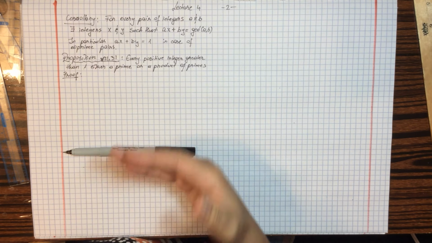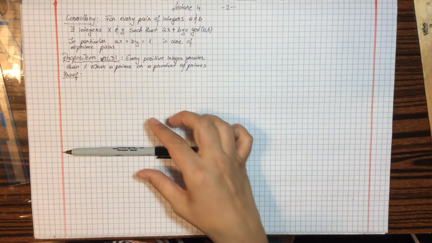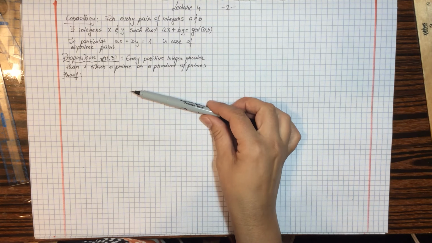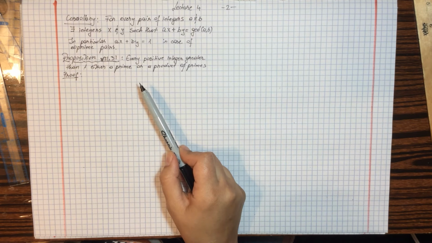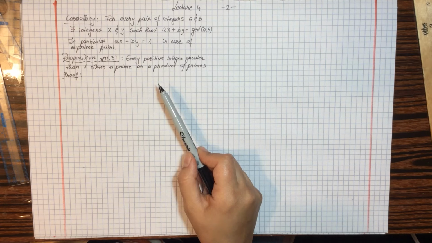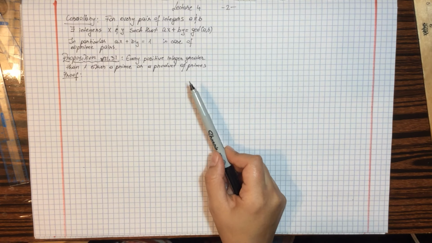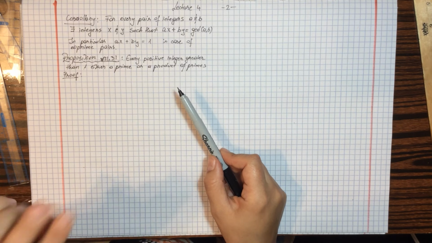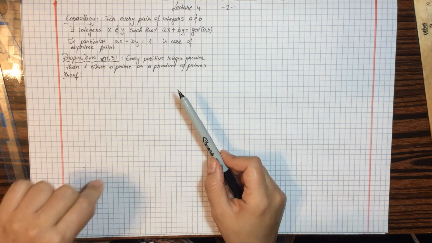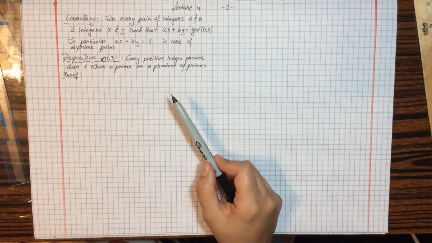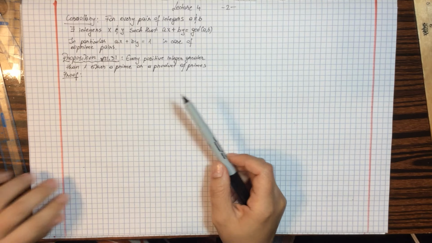It means that it has other factors besides itself and 1. But we're saying a little bit more here. We're saying that if a number is not prime, therefore composite, it must then be a product of primes. So the flavors are 2. A number is either a prime, and if it's not, most definitely it can be written as a product of primes.